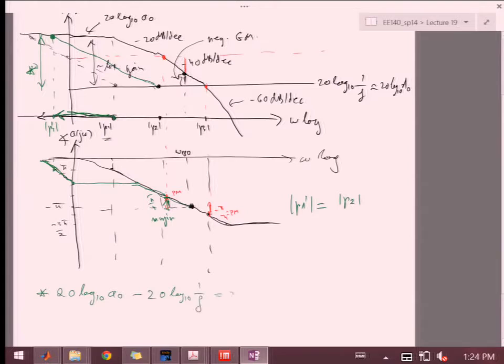Right? So that is 20 log 10 of A0 times f. What is A0 times f? A0 times f is our DC loop gain, right? So that was the thing we called T0.